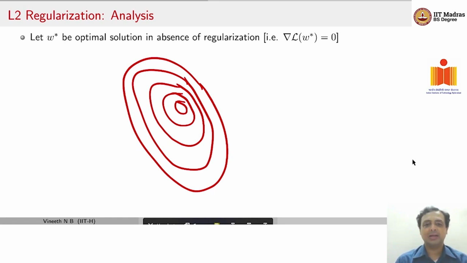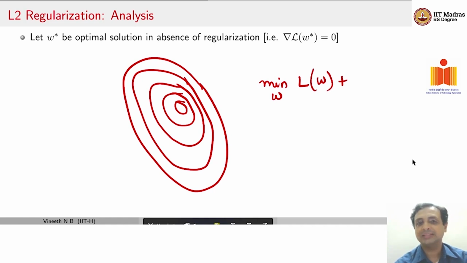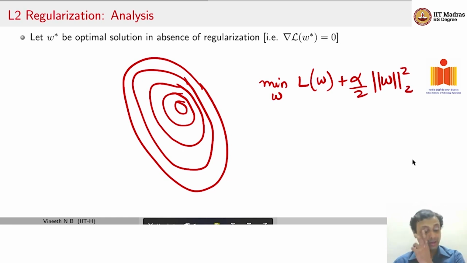So when we add the regularizer, what are we doing? We are now saying you want to minimize over the set of weights your loss with respect to the weights, as well as some constant times the 2 norm of the weights, or the 1 norm of the weights in certain cases, or the 2 norm of your weights squared.